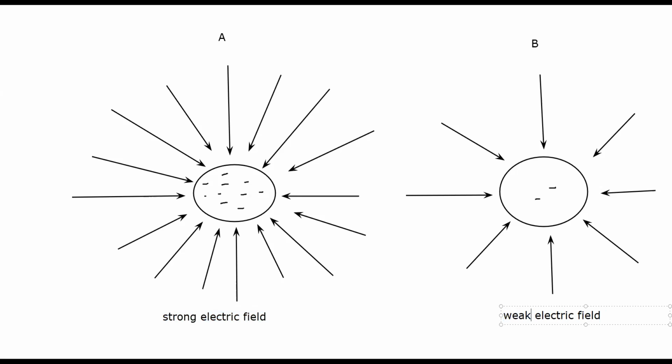Now, if a question has a positive charge and a negative charge, which direction will the positive charge move? The positive charge is attracted toward the negative, so it will move toward the negative.